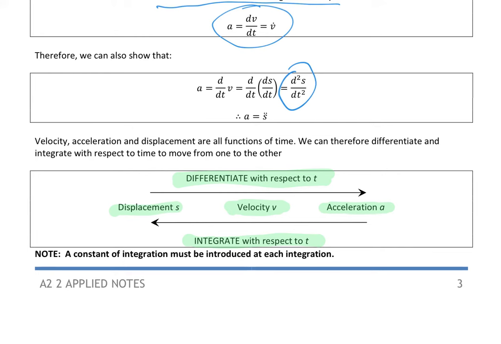So a integrated with respect to t gives you v, and v integrated with respect to t gives you your displacement. And remember the last thing, which is very important: a constant of integration must be introduced at each integration. There'll be enough information, hopefully, for you to be able to work that out, as we will see in these examples.